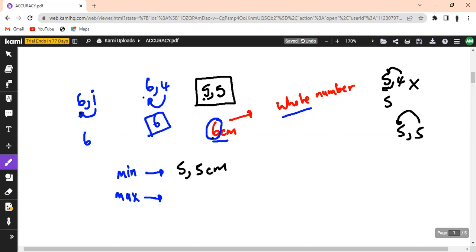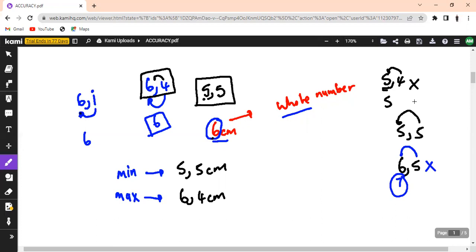Up to 6,4, because if you round off 6,4, it gives us the same value as 6. Let's cross check 6,5. If we round off 6,5, this 5 is going to change this 6 into 7. It's no longer 6, so it's not needed. So our minimum value is 5,5, and our maximum value will be 6,4.